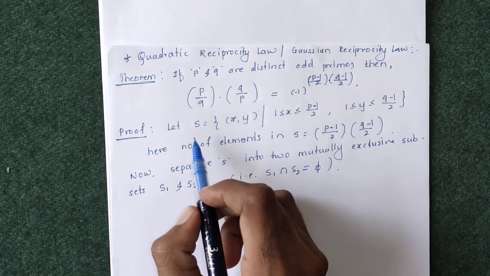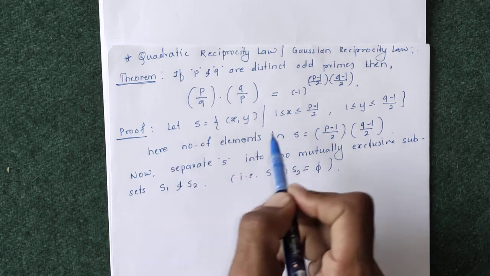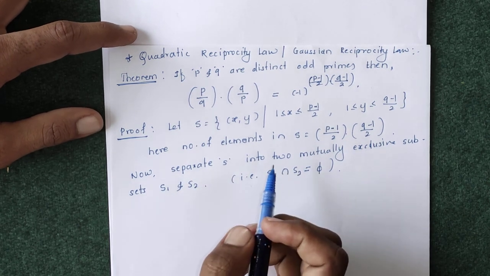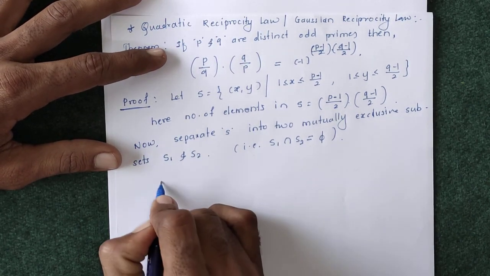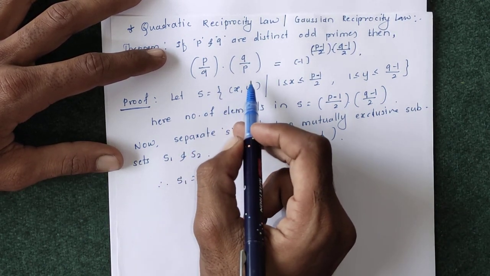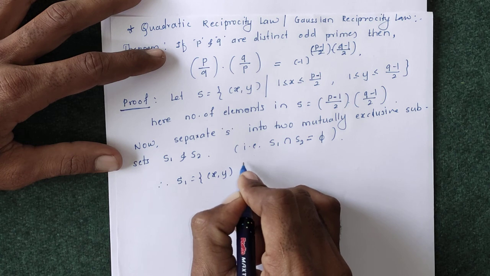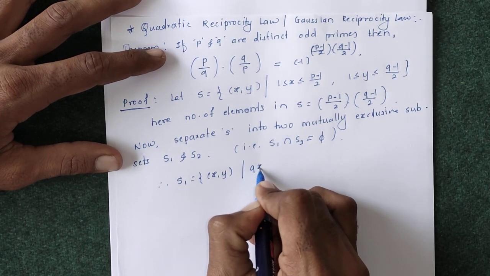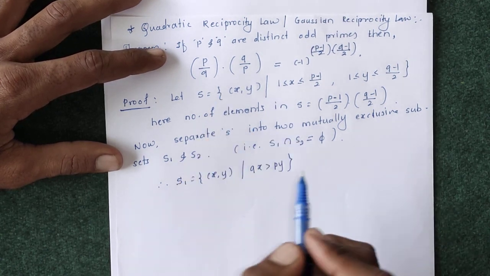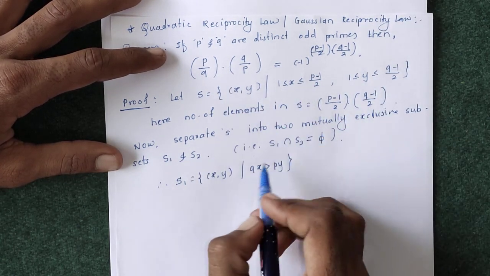So in this proof we have just constructed one set and then separated it, that is, taken two subsets S1 and S2 of the set S such that their intersection is empty. Suppose S1 is a subset of S, the set of ordered pairs such that Qx is greater than Py, that is, multiplying x by q gives Qx greater than Py.